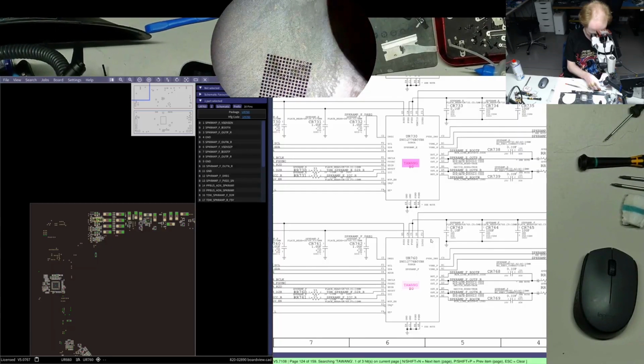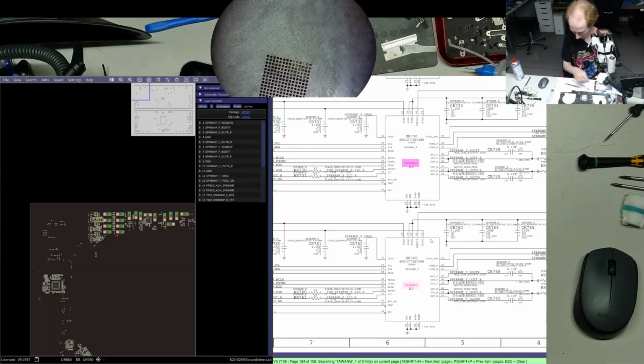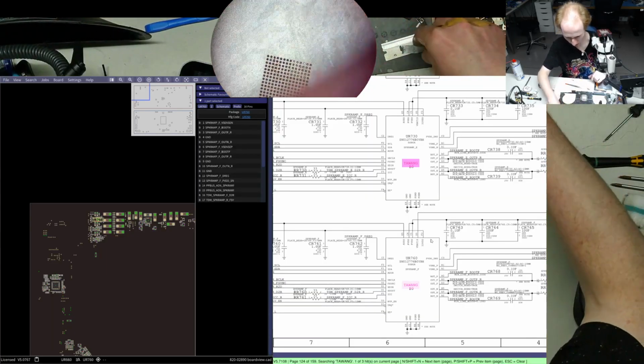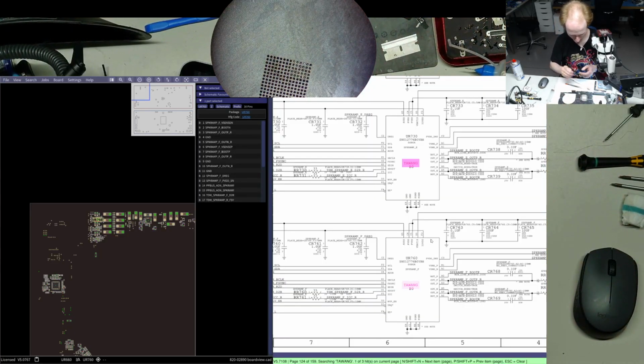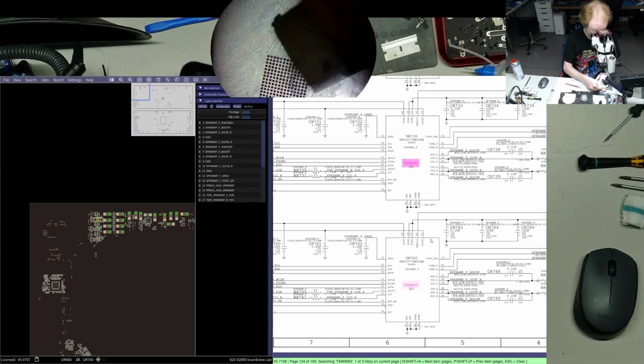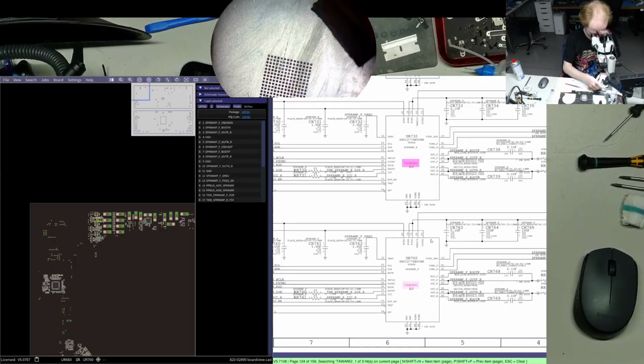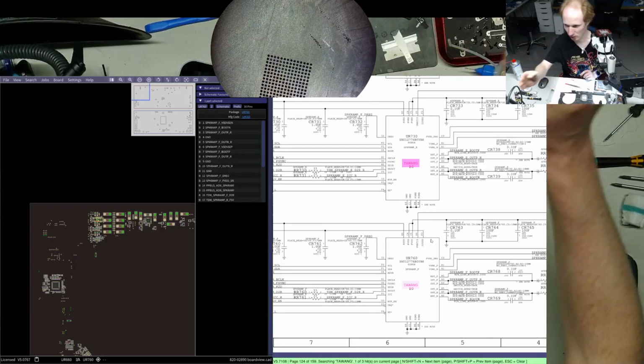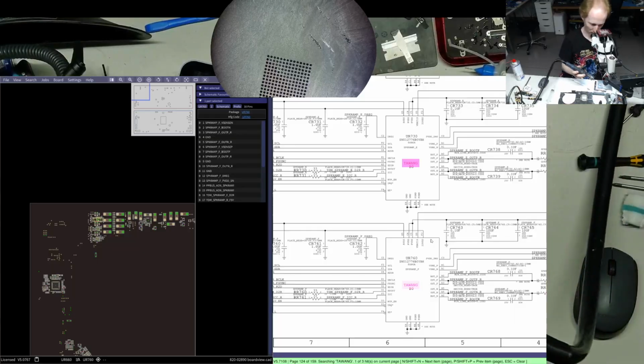I have no idea if I have the proper stencil or not. You can always take a bigger one, not a big deal. Because these small chips are really absolutely easy and trivial to reball.